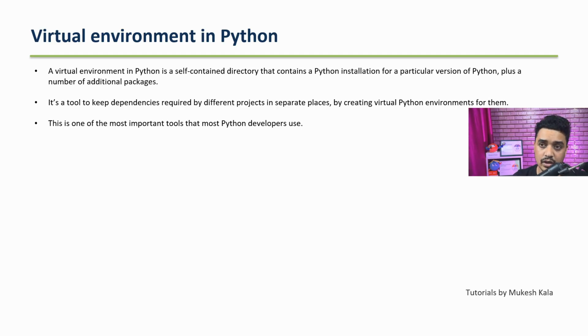It is a tool to keep the dependencies required by different projects in separate places by creating Python virtual environments for them. This is one of the most important tools Python developers use, because they do not want to mess up their projects. The first segregation was at the workspace level. The second segregation comes by creating a virtual environment.